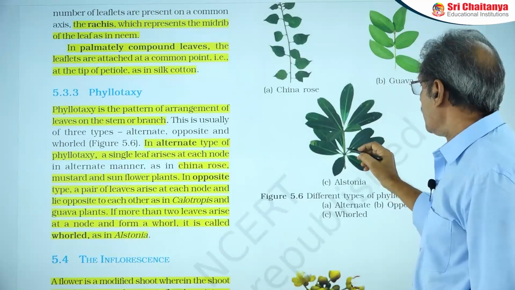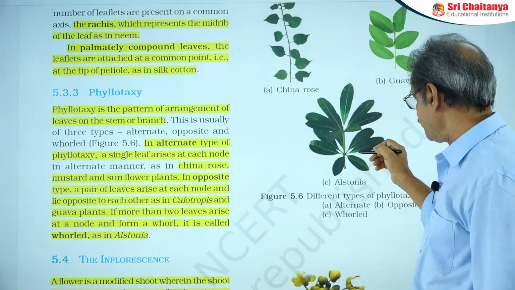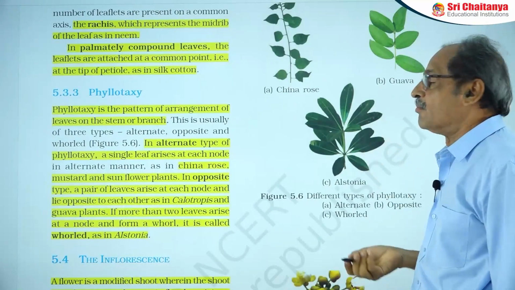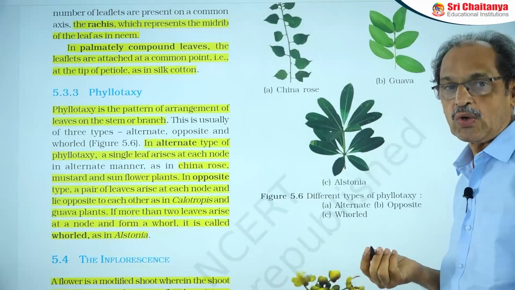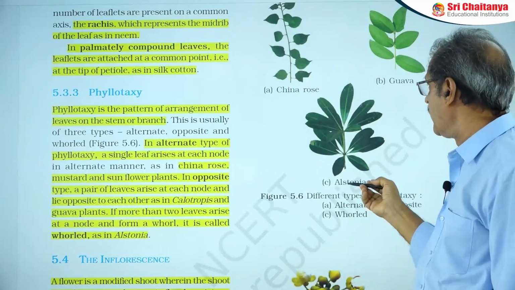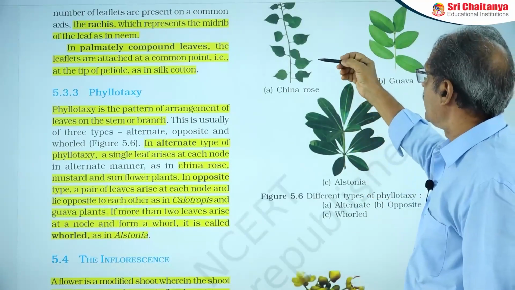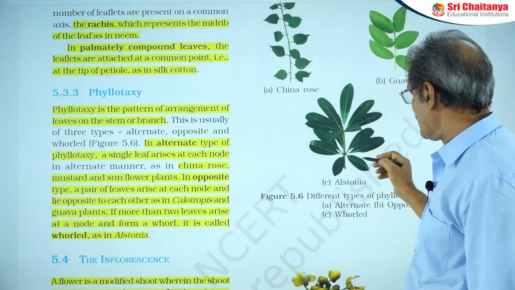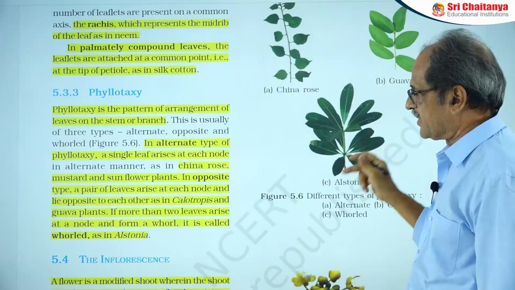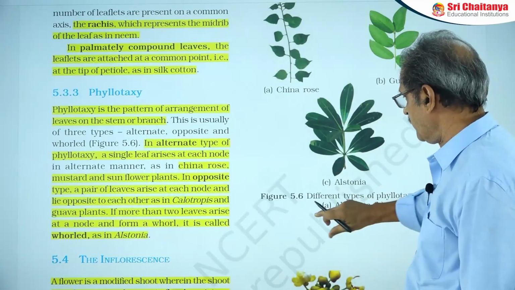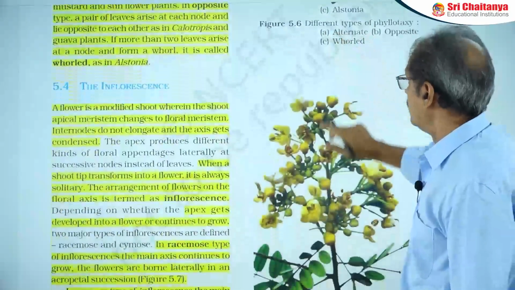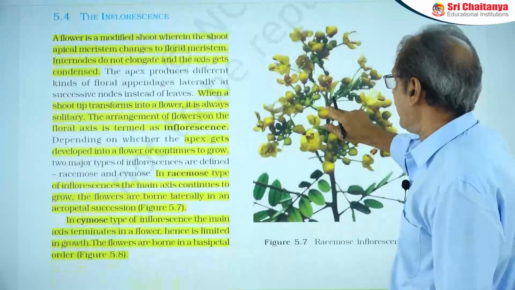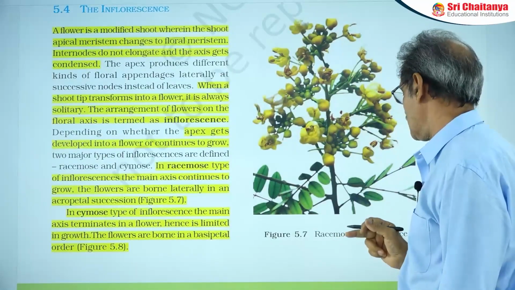And whorled means more than two leaves arise at the node. The examples quoted: alternate is China rose, opposite is guava, and whorled is Alstonia. Those are the three types of phyllotaxy. Next one is the inflorescence.